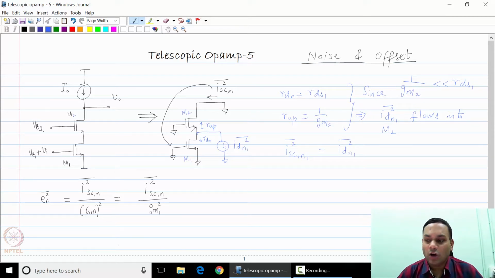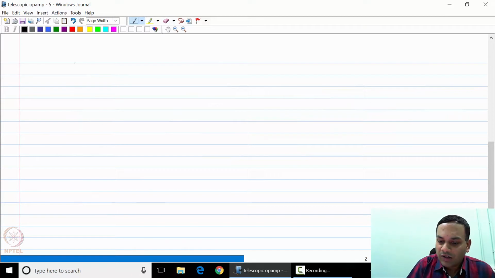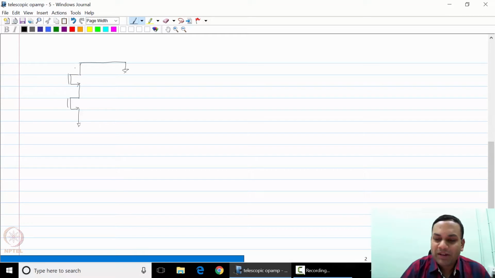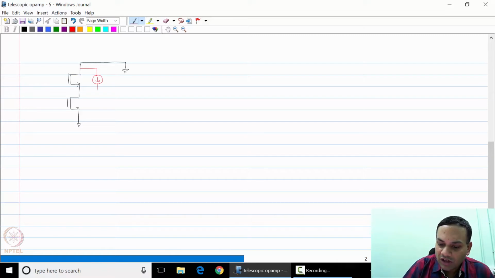Now, let us look at the noise from M2. That can be represented by a current source across the drain source of M2.